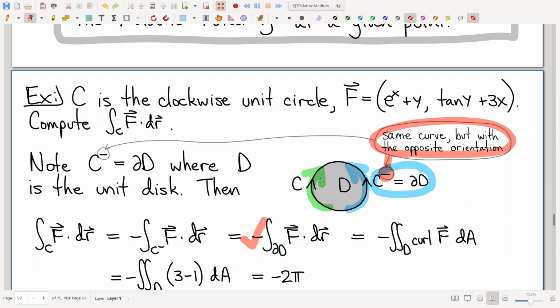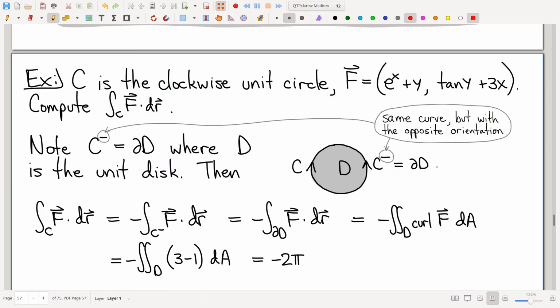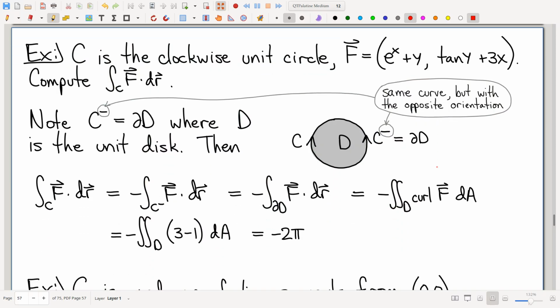Okay, so now let's look at our new integral, where we have to compute this curl. We've got a formula for curl, dq dx minus dp dy. And remember, that's p and that's q.